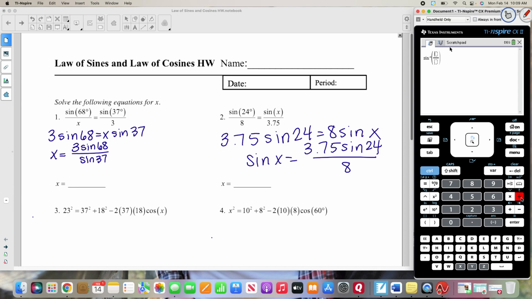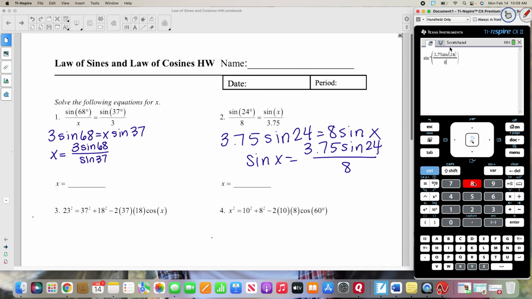When I type this fraction, I'm doing regular sine.